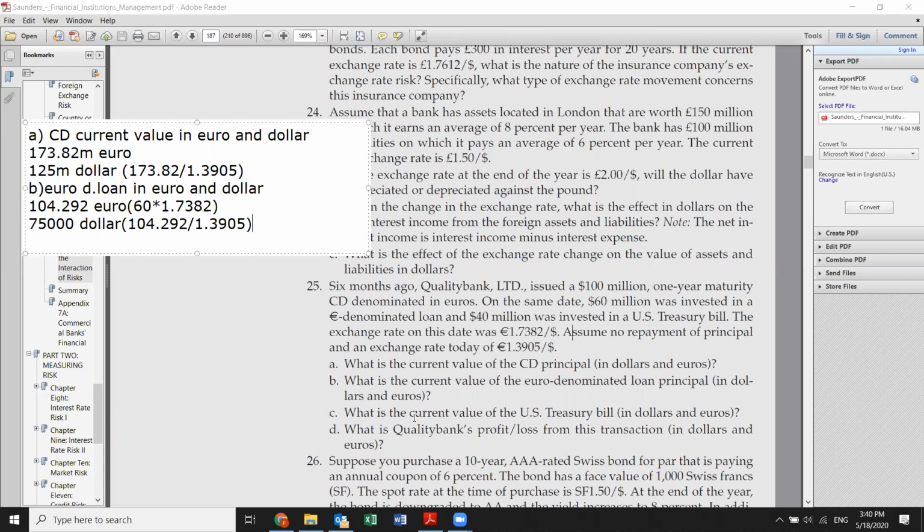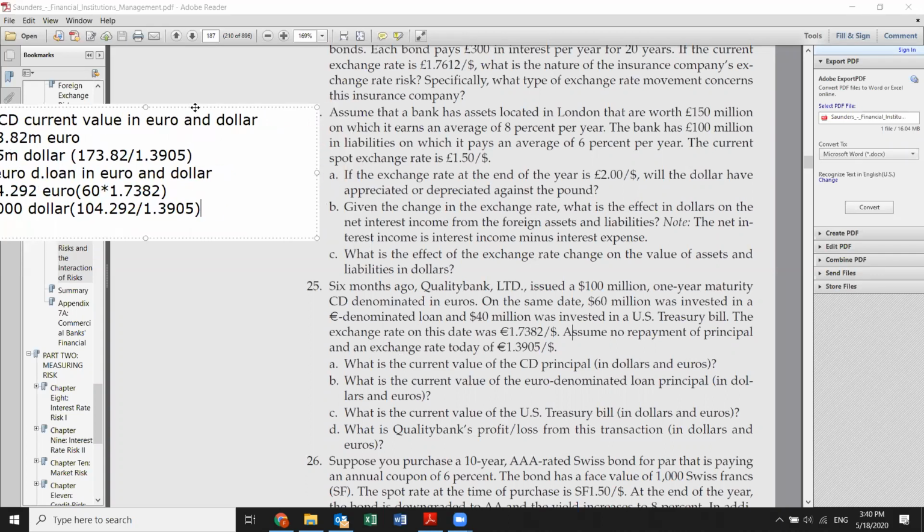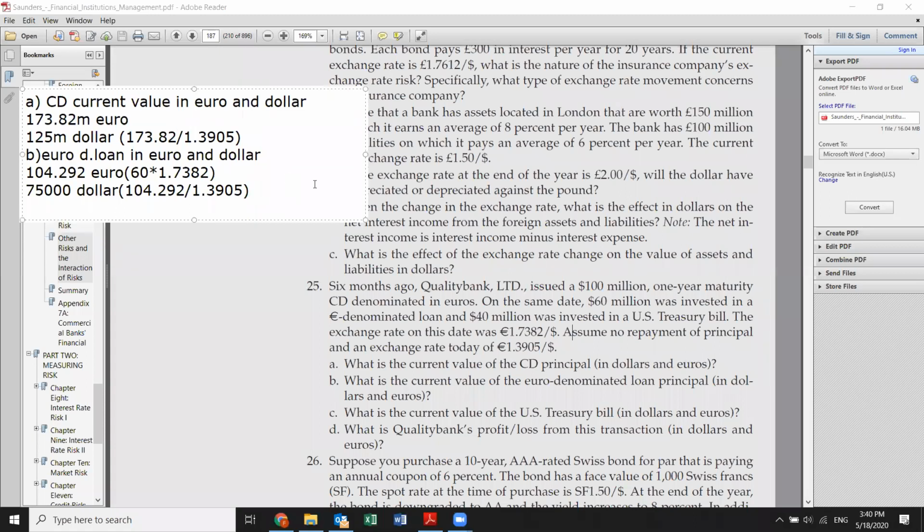And now we calculate, what is the current value of the US Treasury bill in dollars and euros? We know that 40 million was invested in Treasury bills as well, okay? So we have here $40 million invested in US Treasury bills.